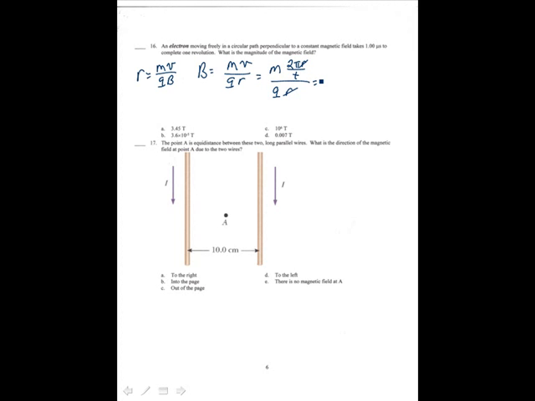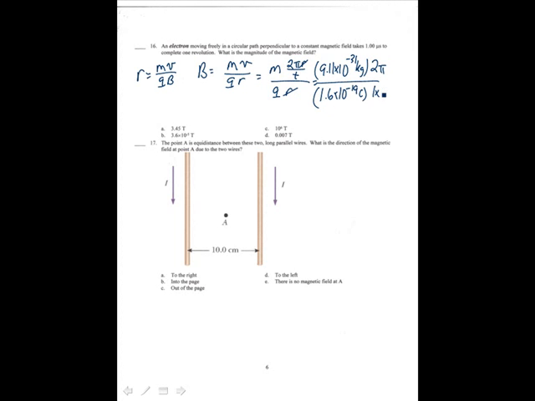And now I can just put in values. An electron has a mass of 9.11 times 10 to the minus 31 kilograms. We have 2 pi. It has a charge of 1.6 times 10 to the minus 19 coulombs.